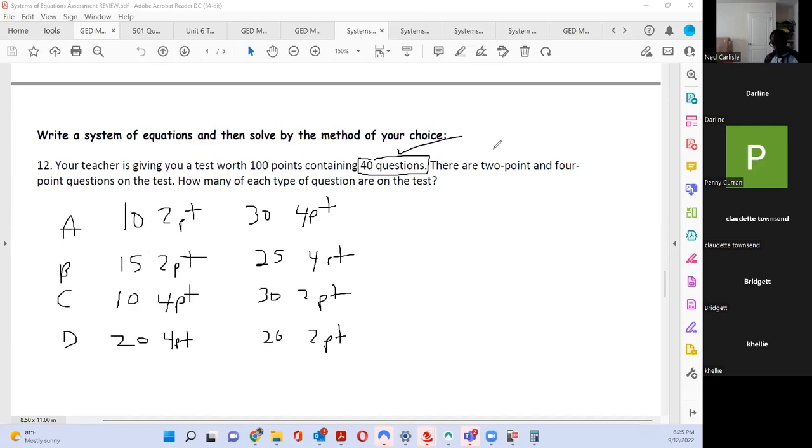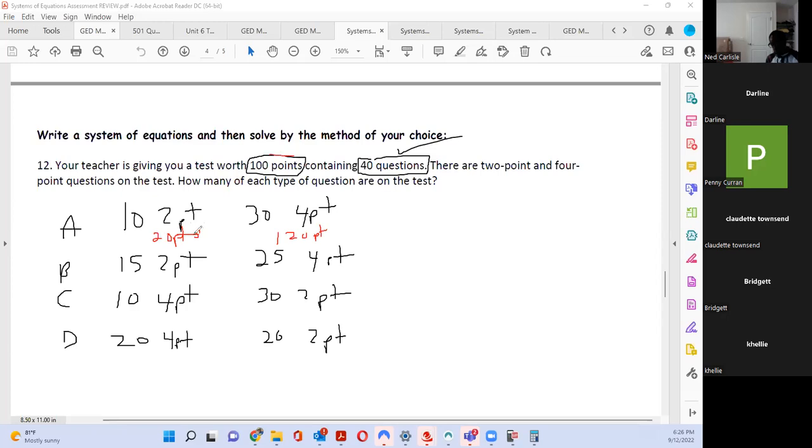Now, let's use common sense. We know that the total points is 100 points, right? So what's 10 times 2 points? 20. So that's 20 points. What's 30 times 4 points? 120. But how many points do we need? 100.